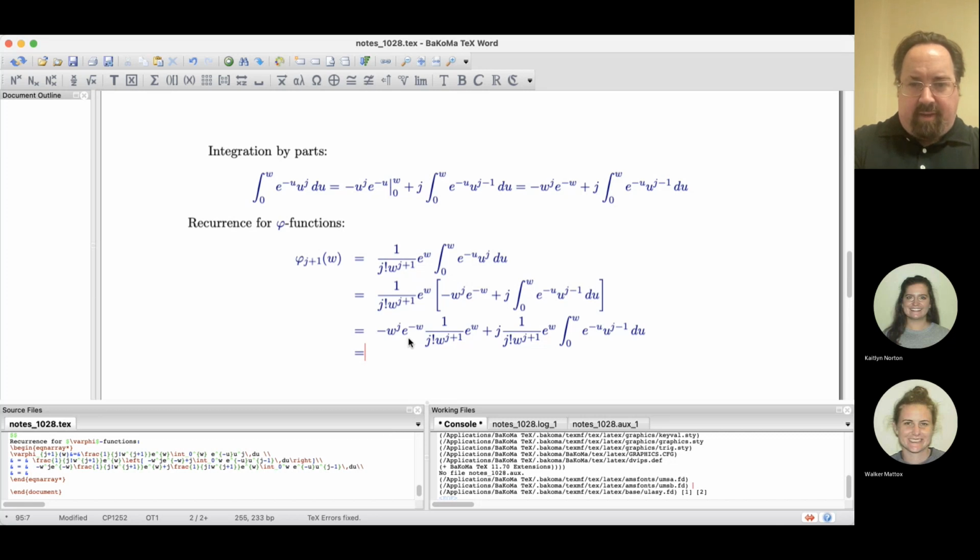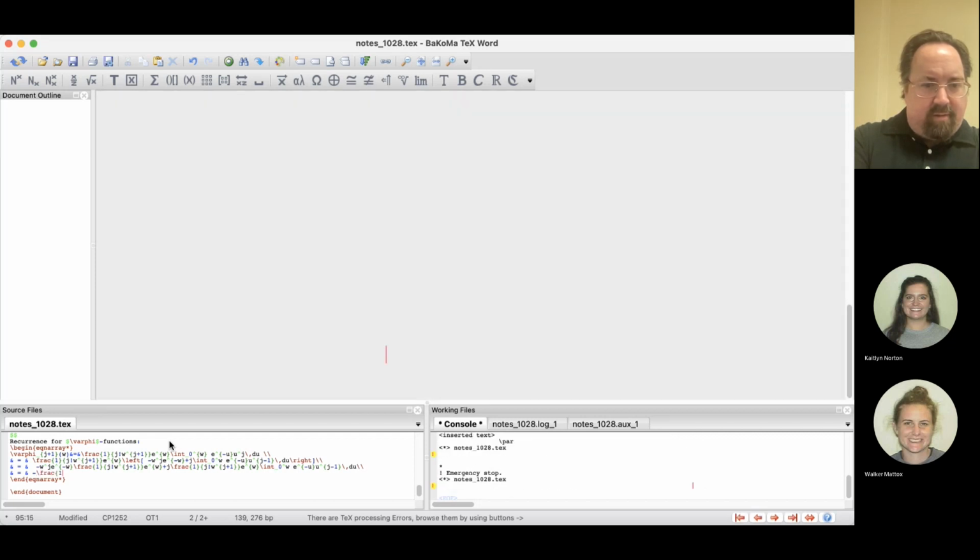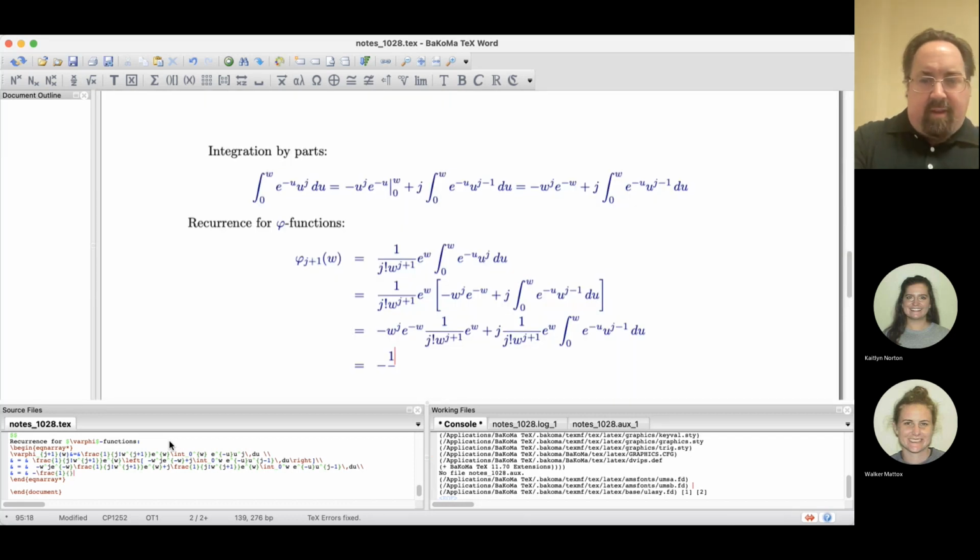Okay, and now simplifying, the exponentials cancel. This cancels with most of the w's down below. So now what I have left is minus 1 over the j factorial is still there. And then I just have w by itself.